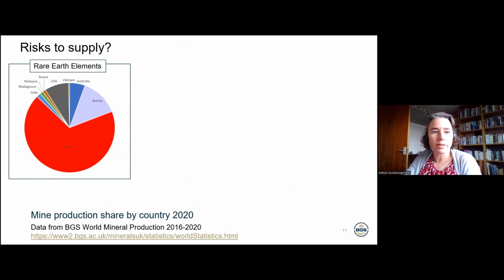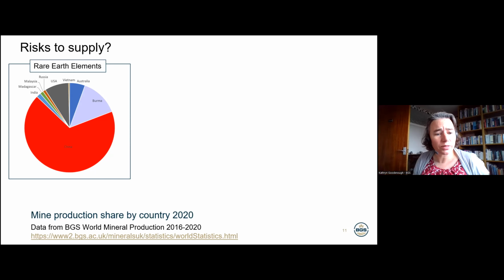But when we talk about risk to supply, what we're really talking about is concentration of mining or production of those raw materials in a small number of countries. And perhaps those are countries that we don't entirely have faith in to always be able to supply or always want to supply the raw materials that are needed within the EU.